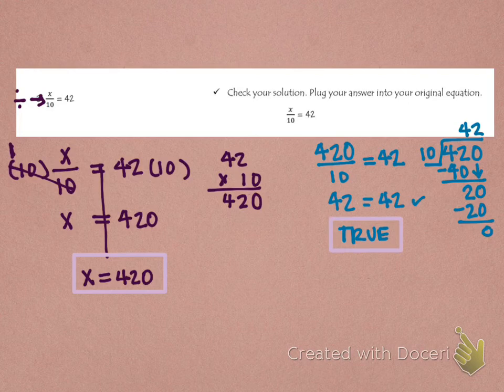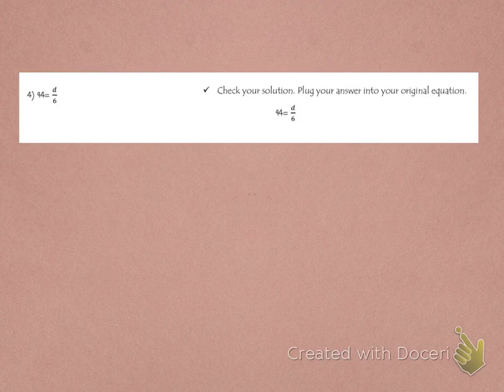Okay. One more time. 94, let's rewrite it. 94 equals D divided by 6. Remember, this means division. D divided by 6. If the operation in the equation is division, then the inverse operation or the opposite operation is multiplication.